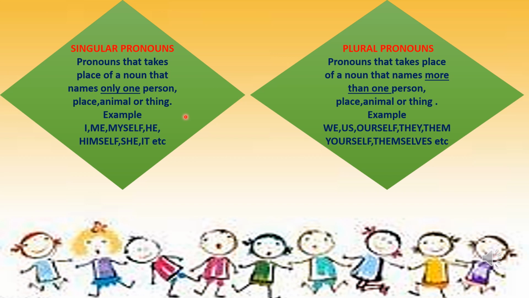The next one, plural pronouns. Pronouns that take the place of a noun that names more than one person, place, animal or thing. For example, we, us, ourselves, they, them, yourself, themselves, etc.